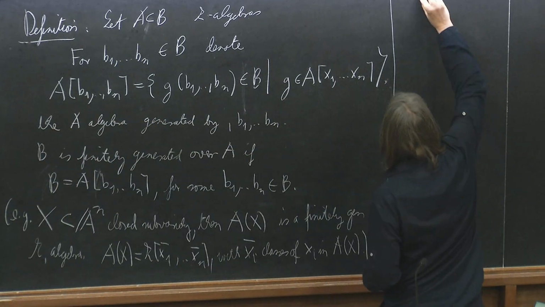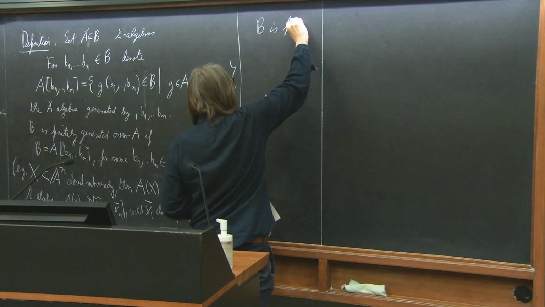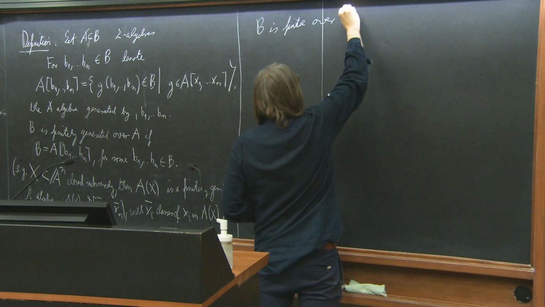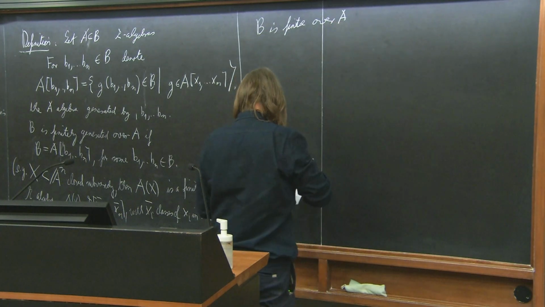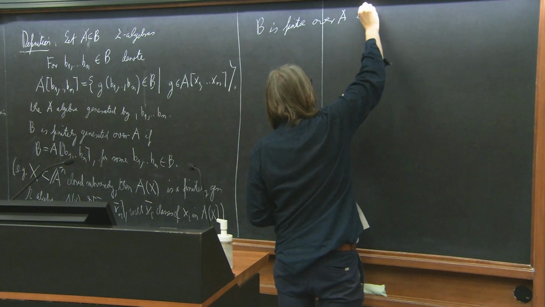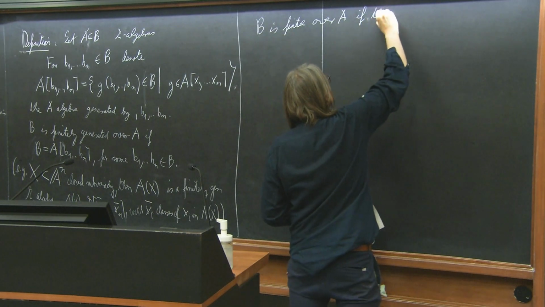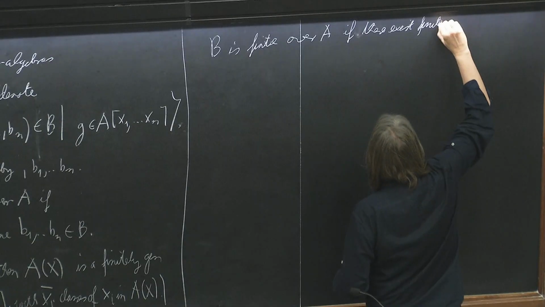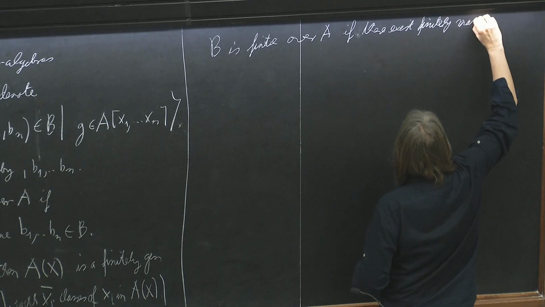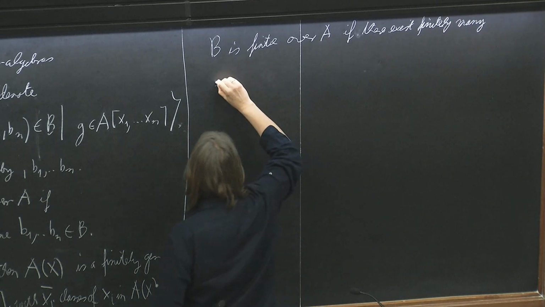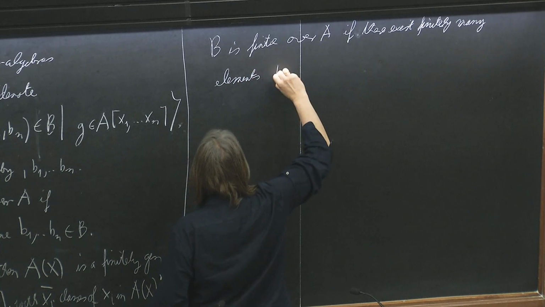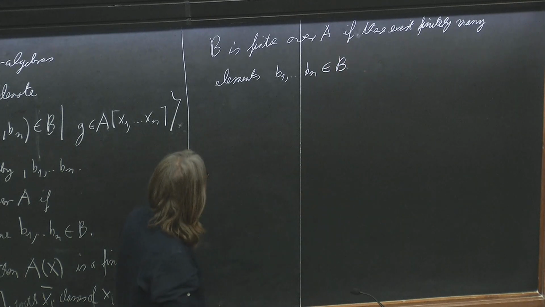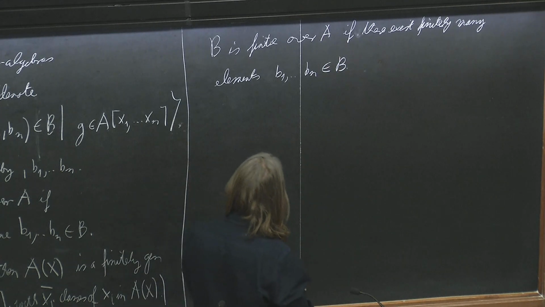So B is finite over A if there exist, again, finitely many elements B1, B2, ..., Bn in B, such that I can write every element of B as a linear combination of these.